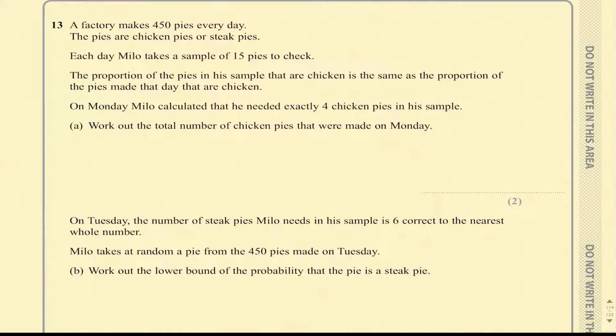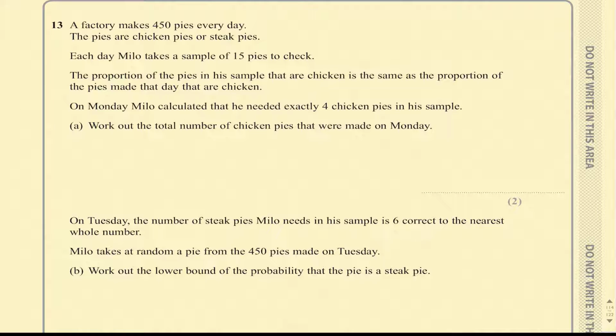Question 13. So it's always good to read this question carefully. A factory makes 450 pies every day. The pies are chicken pies or steak pies. Each day, Milo takes a sample of 15 pies to check the proportion of the pies in a sample that are chicken is the same as the proportion of the pies made that day that are chicken.